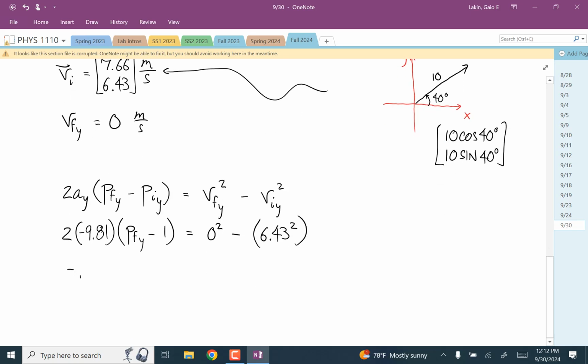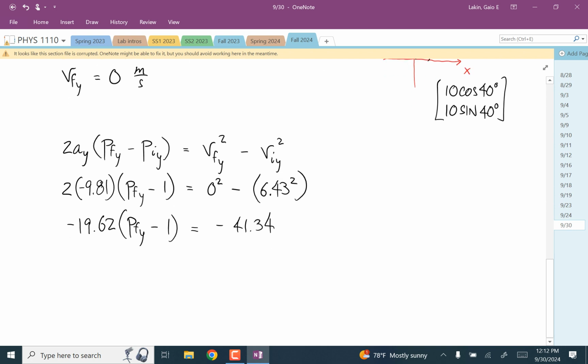So I'll rewrite this as negative 19.62 times the quantity Pfy minus 1 is equal to negative 41.34. Now divide both sides by negative 19.62.